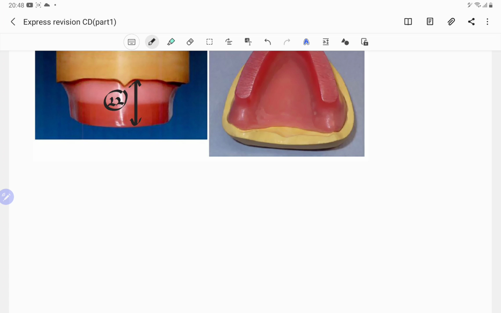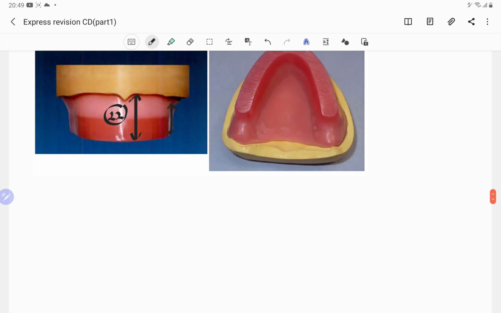The posterior height is going to be 18 millimeters. I hope that you guys can see.